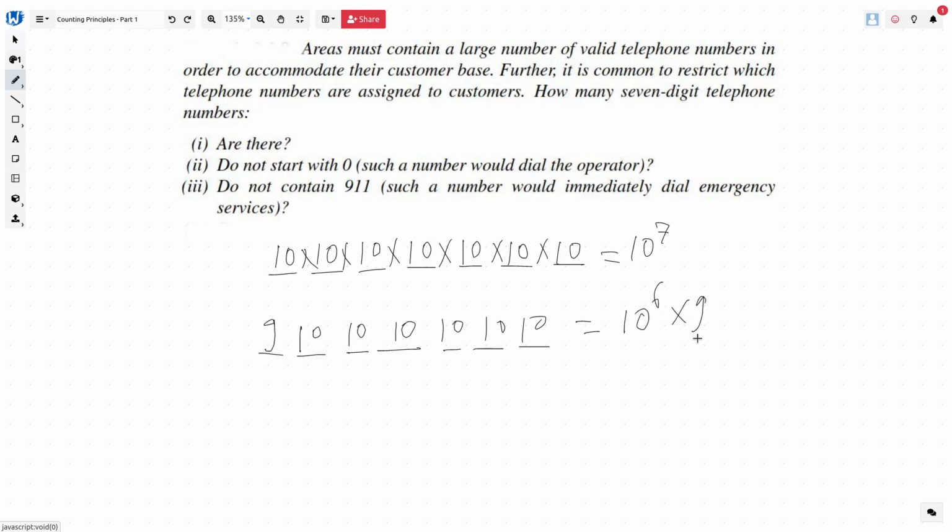Now we can also use the complement way, right? The total number of 7-digit phone numbers is 10 to the power 7.